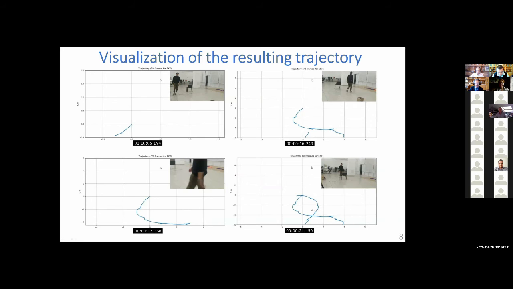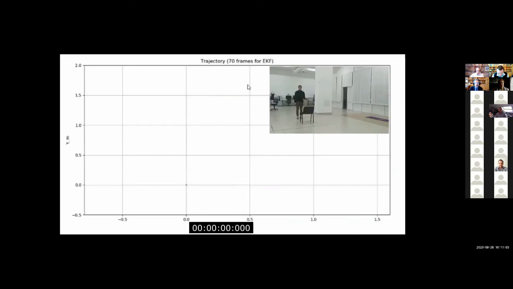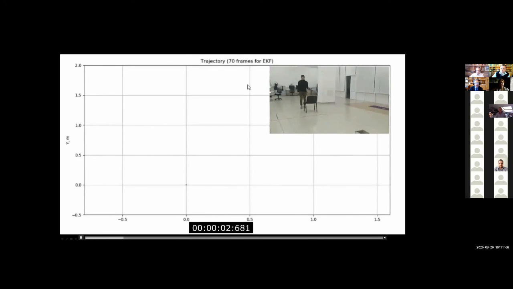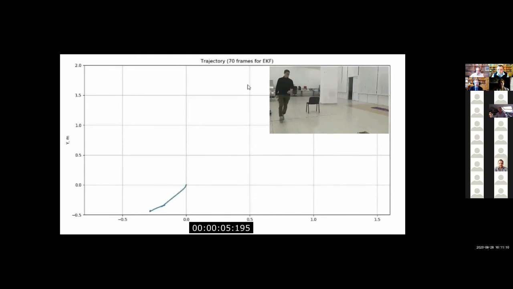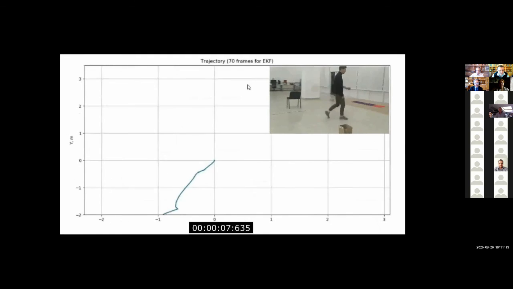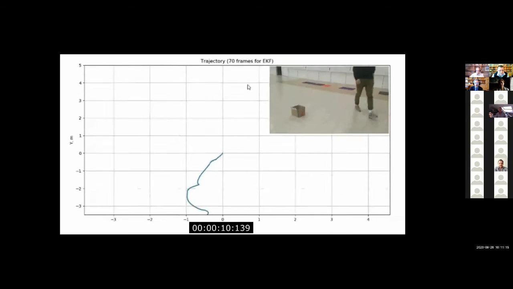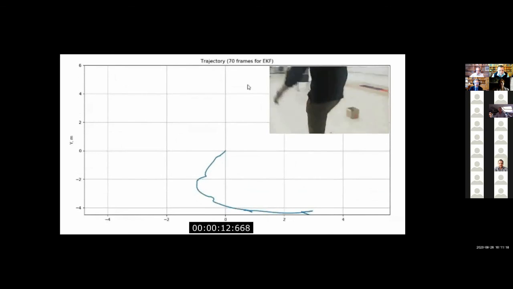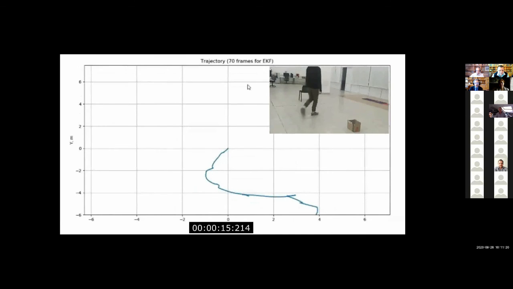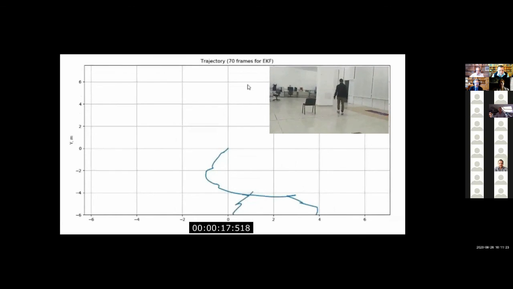And here in the final picture, the final trajectory is depicted in the form of the number 8. Here is a video of the same process. The inertial module is mounted on his foot. So when he steps and the foot rests on the floor, at these moments the trajectory is corrected and refined.